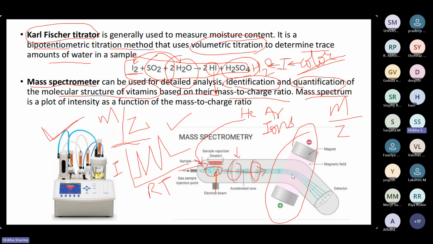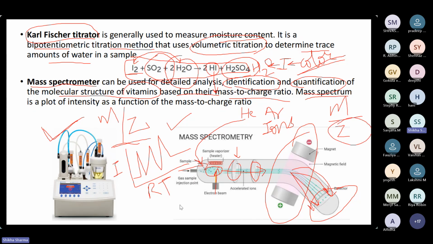So the deflection will be different. Some ions will fall here, some ions will fall here. The paths are deflected, and they finally go to the detector. The detector detects all these ions based on their m by z ratio. If the mass is lower, the deflection will be higher, and if the mass is more, the deflection will be less. It is also based on the charge, so the deflection will vary.